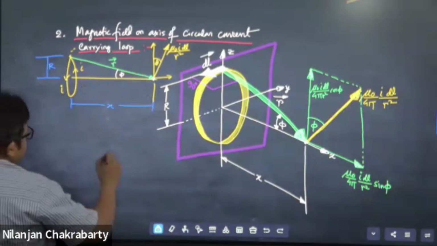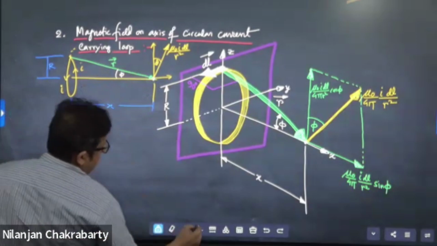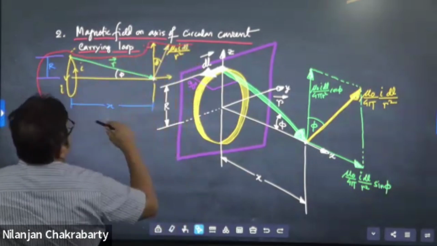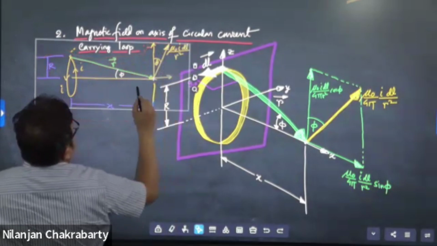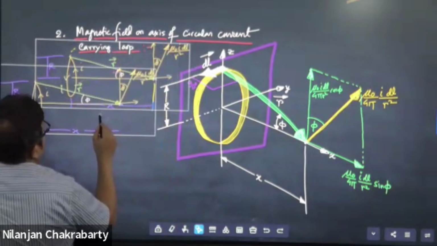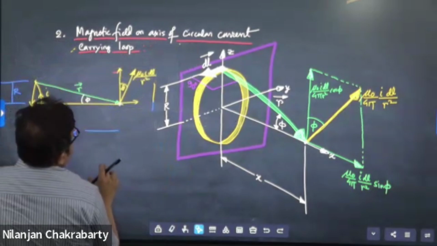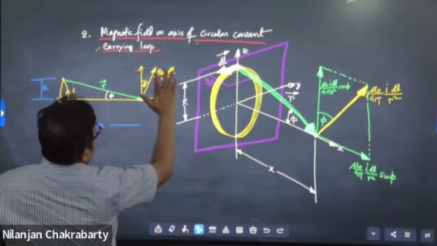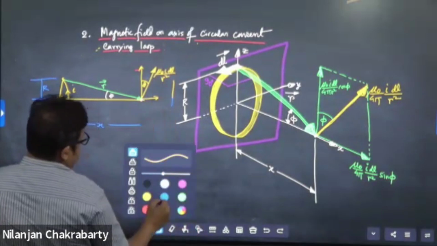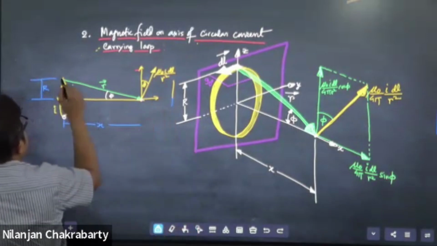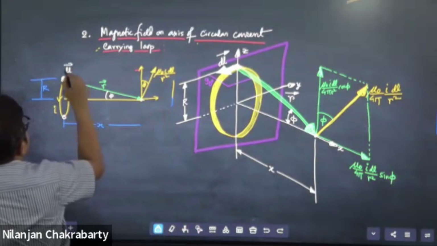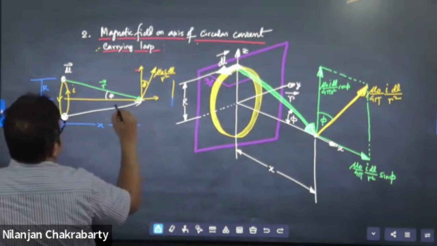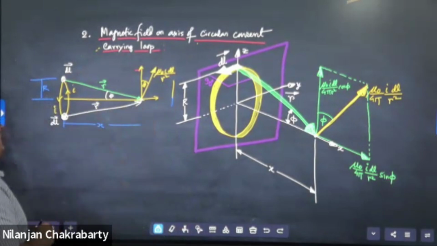Here if we look at a dl, it is dot, and here dl is cross, and dl cross r is in this way.